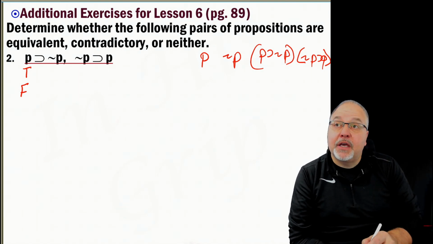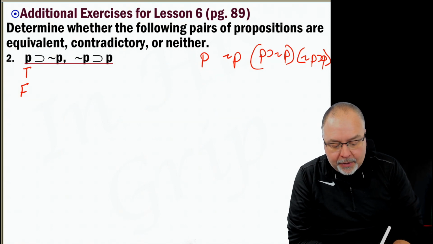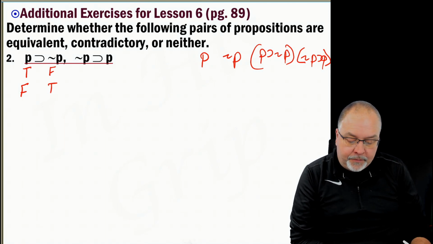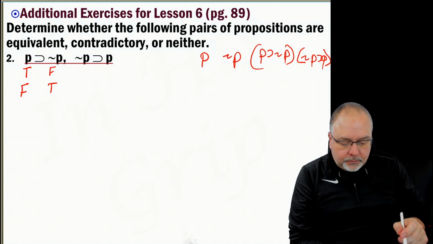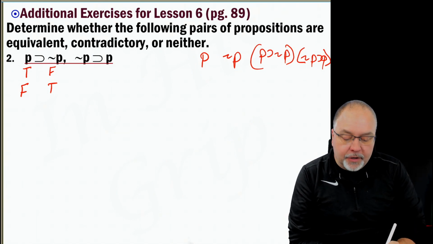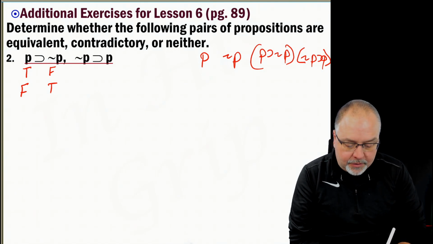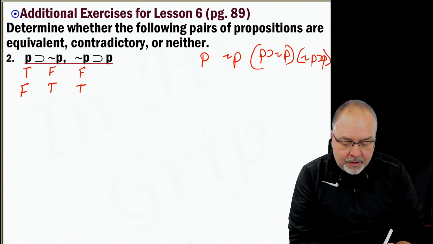Okay, so I have P, true, false. Not P is going to be false, true, right? All I'm going to do on the right side here is carry over the same truth values. So not P is false, true. See that? It's the same. These two are the same, so I'm just going to do false, true.